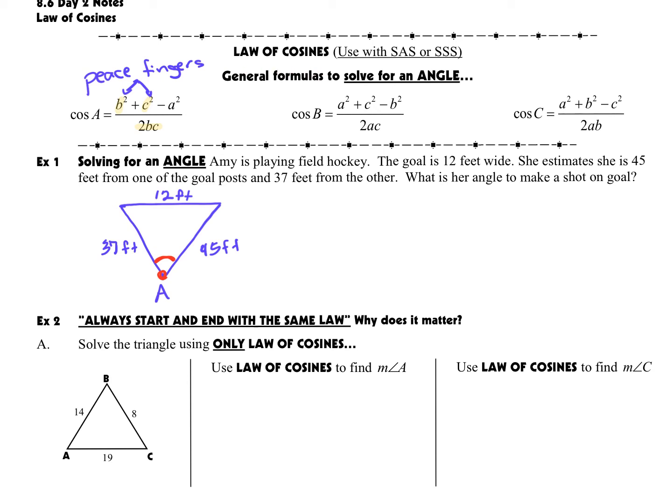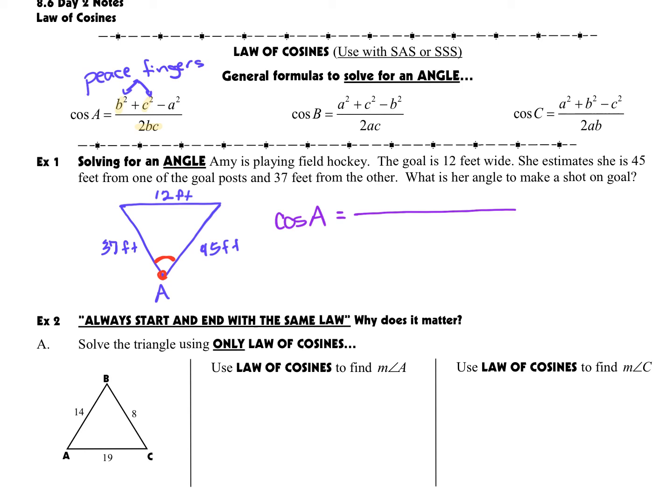So what we're going to do is you're going to take your piece fingers, and I really do mean take your piece fingers, your first 2 fingers, and you're going to put one of your fingers on 37. You're going to put the other finger on 45. And when we set this problem up, we're going to say cosine of A, because angle A is what we want, and then we're going to give ourselves a big fraction bar.